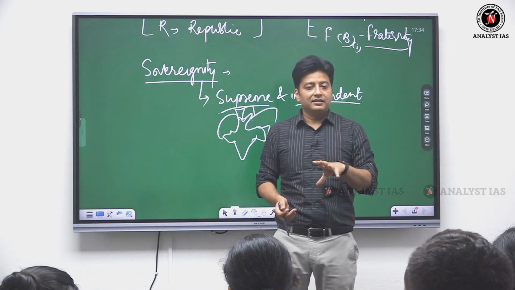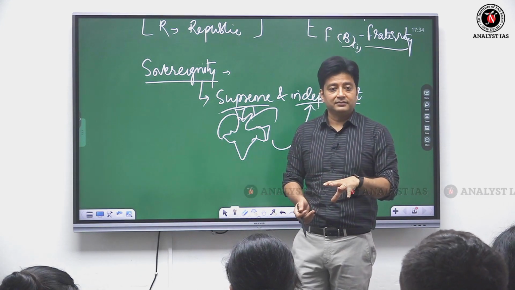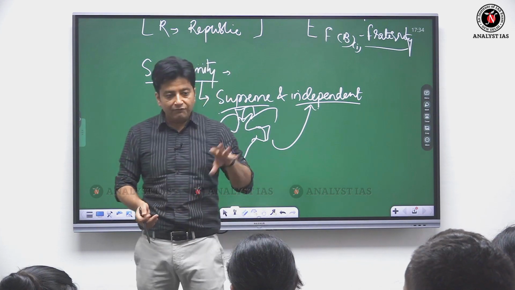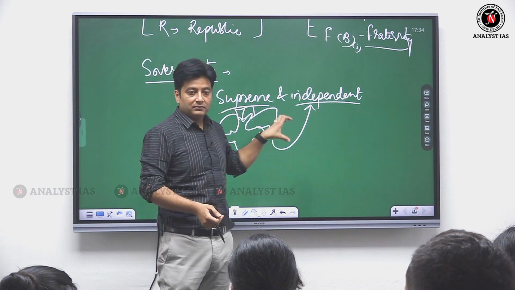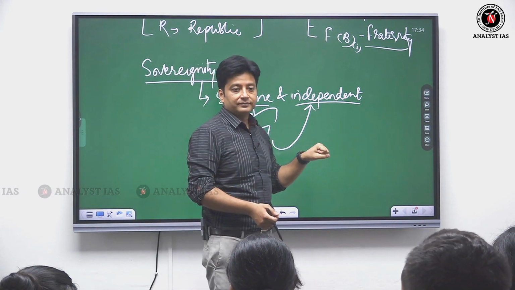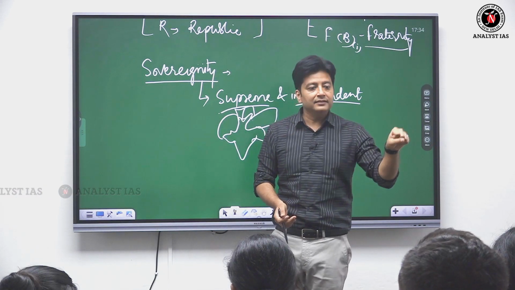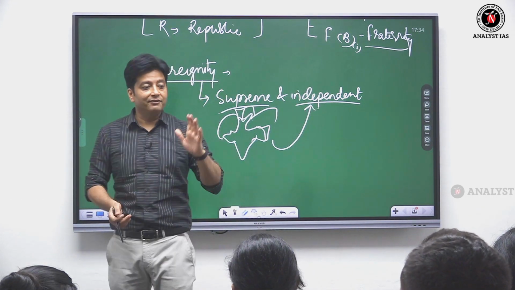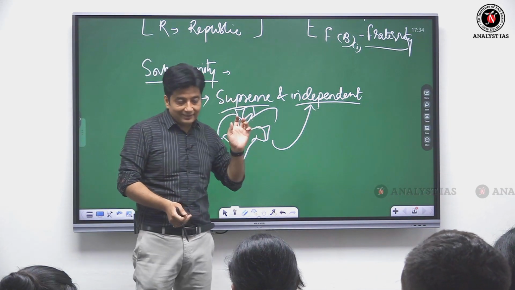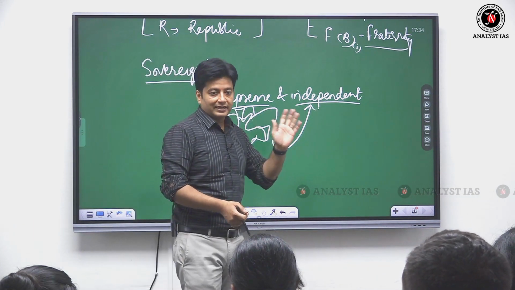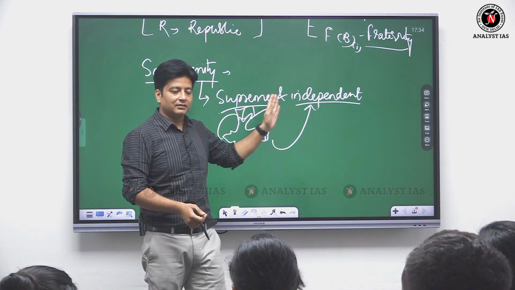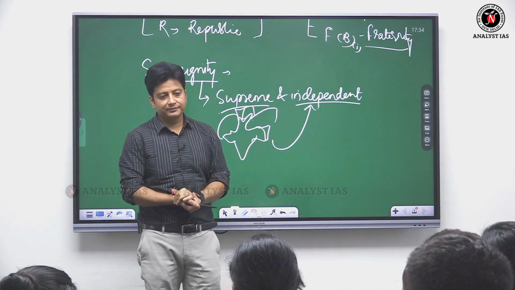So India is independent, no external pressure can be there on it, and we are supreme in India. Our leader chosen and elected by us is free to decide the fate of India, its international affairs or connections with other countries, whatever people want or whatever is good for India, that will be done.